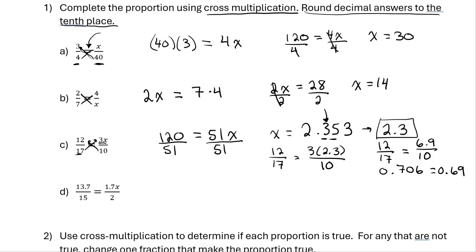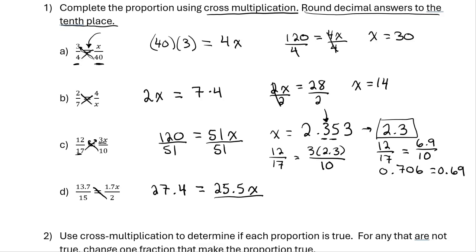All right, so now moving to D, which hopefully you've already tried, we're going to go ahead and multiply 2 times 13 7/10, and we get 27 4/10. Now we multiply the 15 times 1 7/10 x, so we get 25 5/10 x.